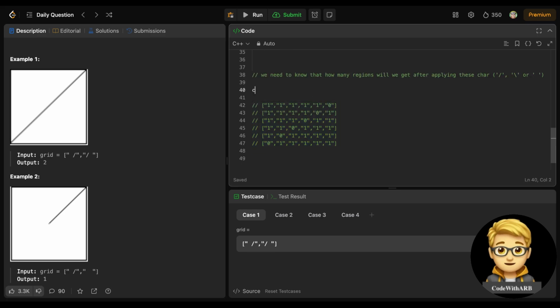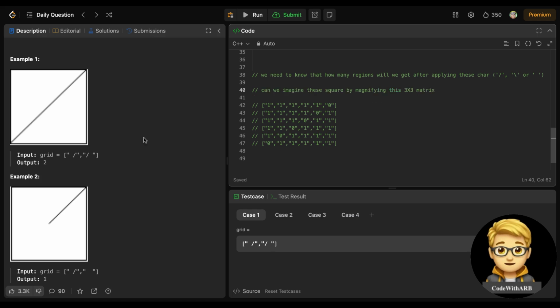Can we imagine these squares by magnifying this into a 3 cross 3 grid, a 3 cross 3 matrix?